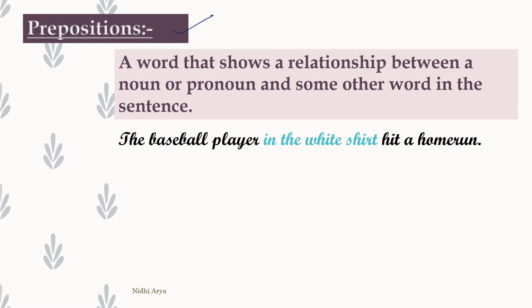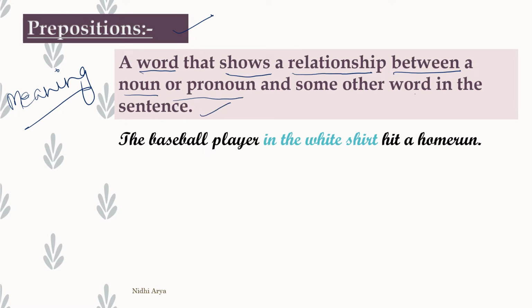And what do we mean by them? Here is the meaning of these words called prepositions. A preposition is a word that shows a relationship between a noun or a pronoun and some other word in the sentence. If we are talking about nouns, what are nouns?